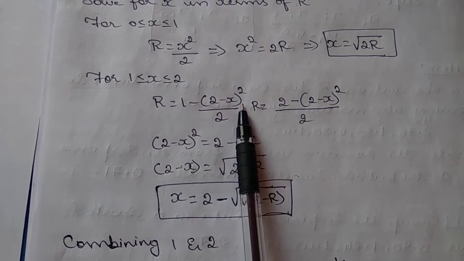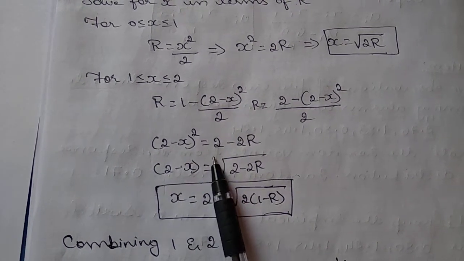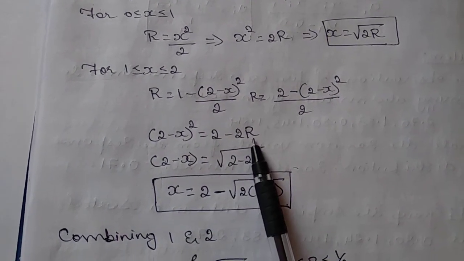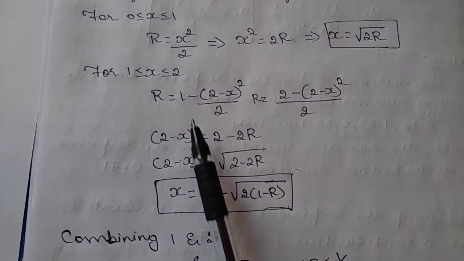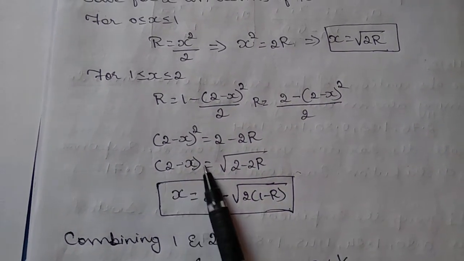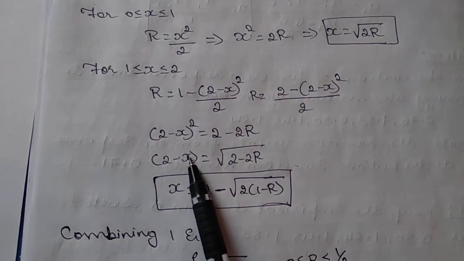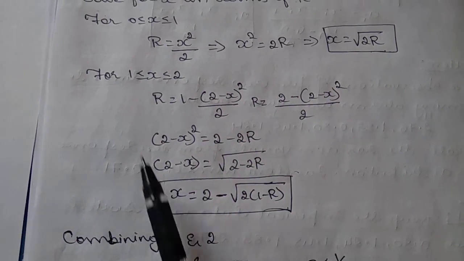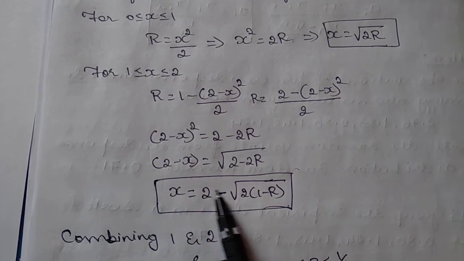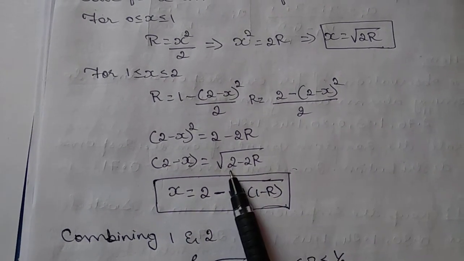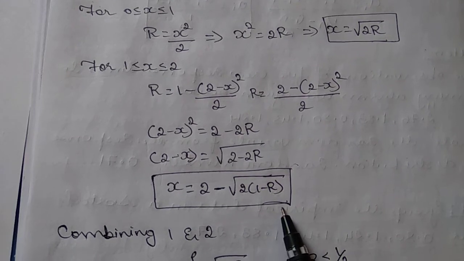This 2R you will get. So (2 minus x) whole square equals 2 minus 2R. This square I'll make it as square root here. 2 minus x equals square root of 2 minus 2R. Then x, I'll take this side, that is x equals 2 minus square root of, this one I'll write as 2 into (1 minus R).